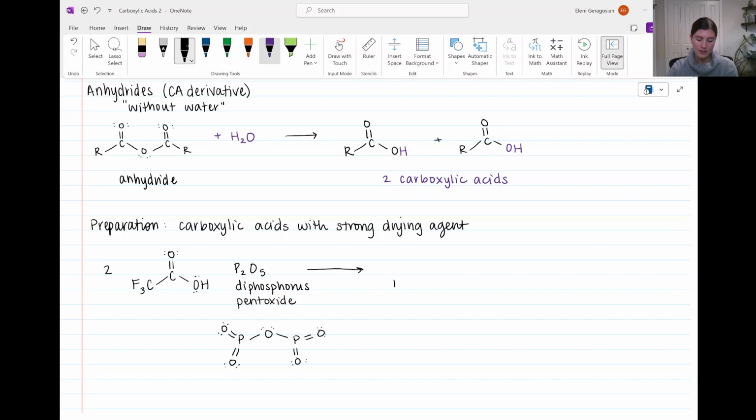So our final product is the anhydride, where we've combined two of the carboxylic acid molecules and we are bonding the carbonyls together with a single oxygen. Other byproducts are complex phosphates. We're not going to worry about drawing these.